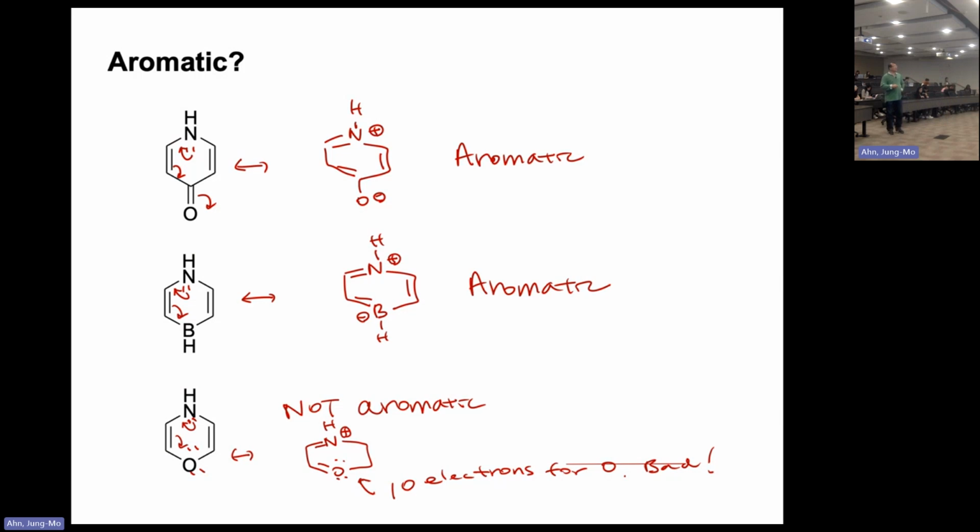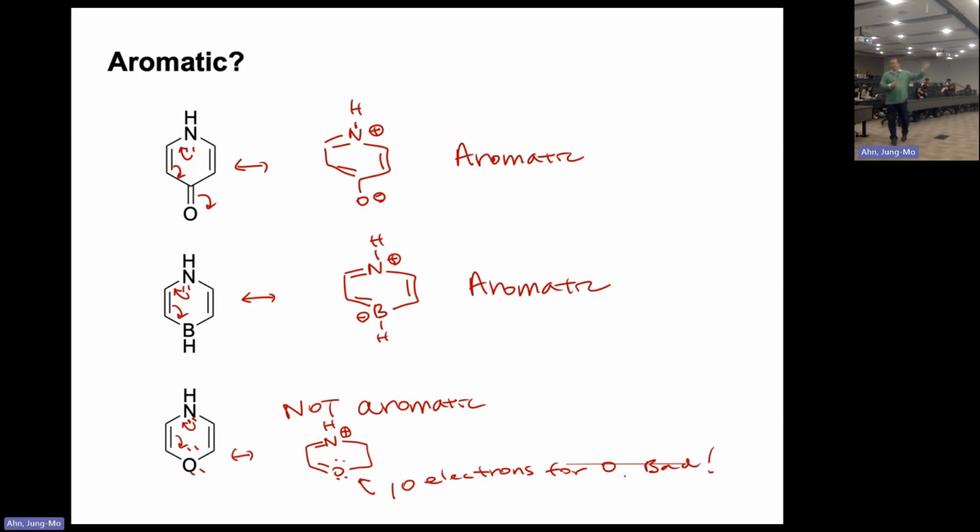So you just cannot keep doing the things that you've been doing with the other molecules to this molecule, because it's not possible. That's the reason why this is not happening, and that's why this molecule has to be non-aromatic. So don't get fooled by the similarity in the structures. It really matters where things are, and that changes everything. That's the chemistry.